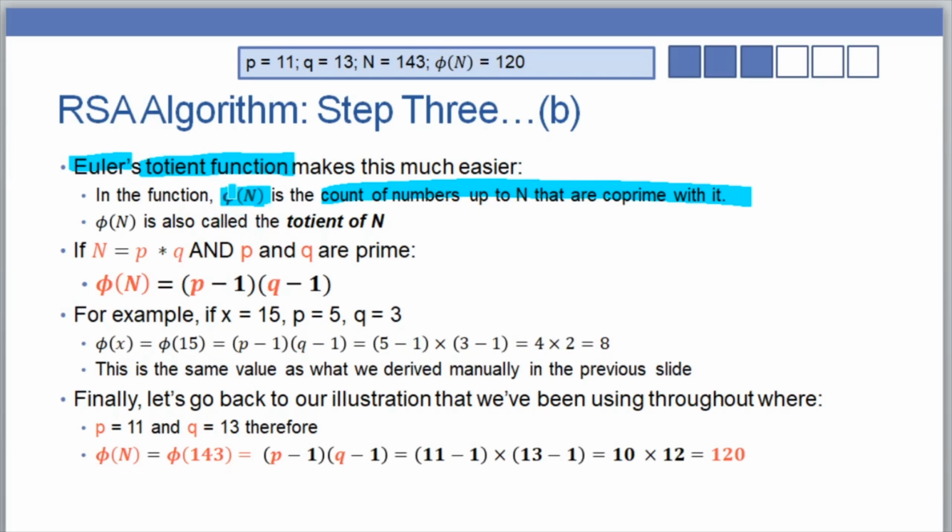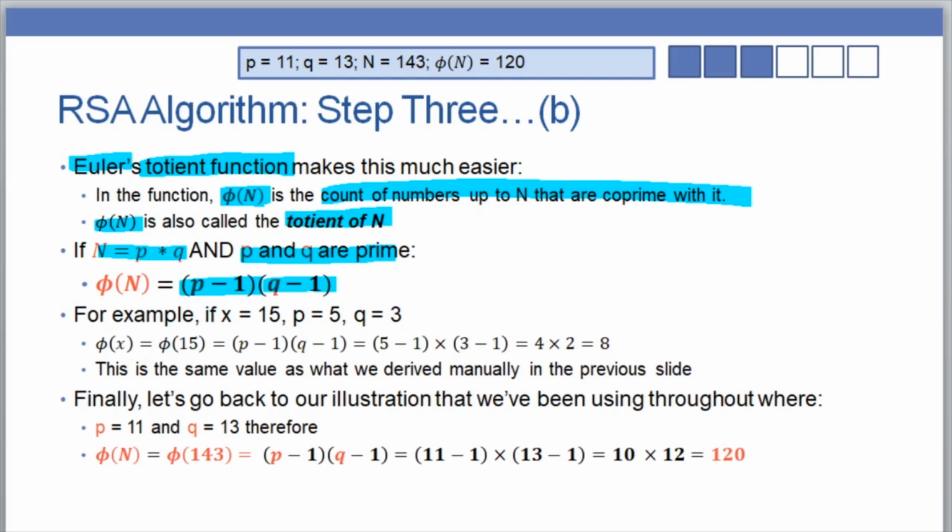So this symbol here is phi. Note that phi n is also known as the totient of n, and it was proven to be equal to p minus 1 times q minus 1, where p and q are prime numbers and their product is n.